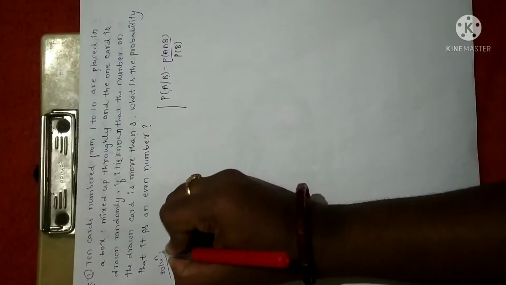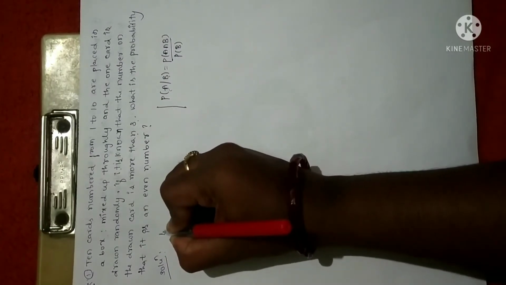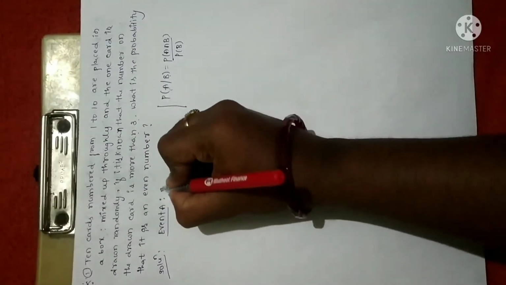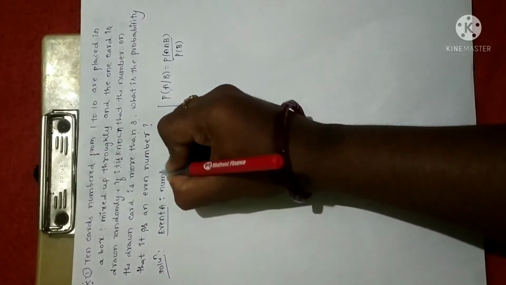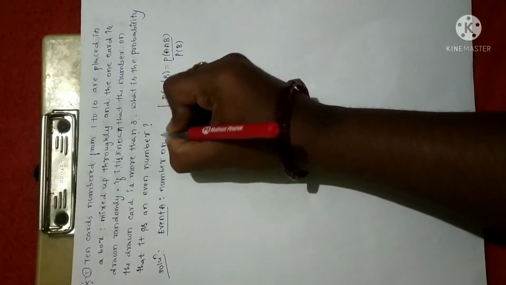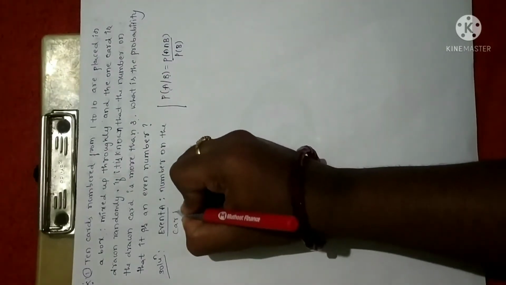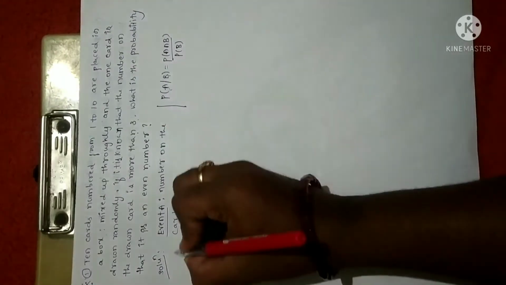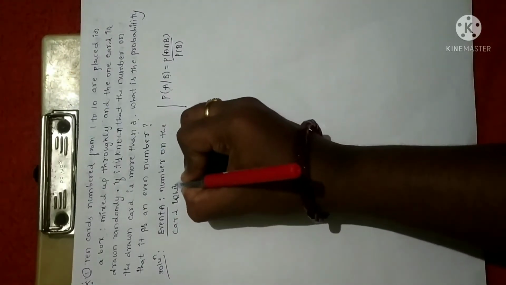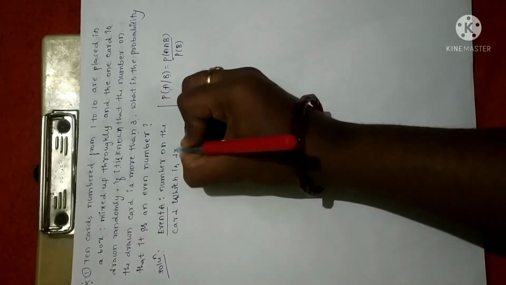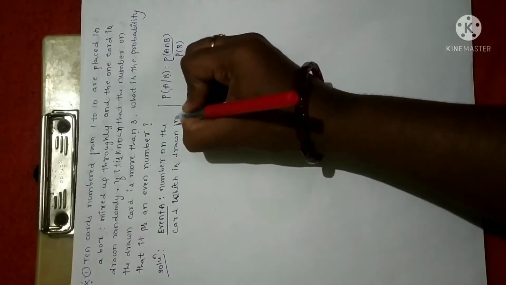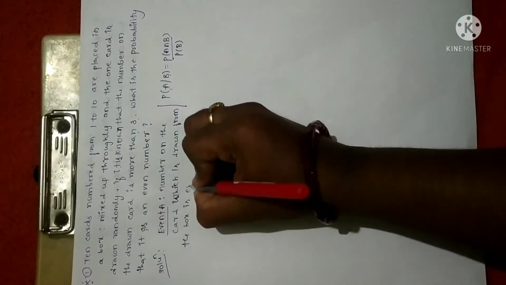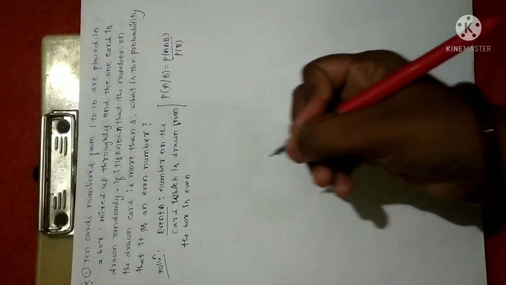Let me write the events. Let us consider event A as the number on the card which is drawn from the box is even. This is the first event.